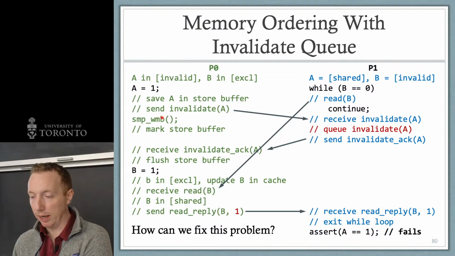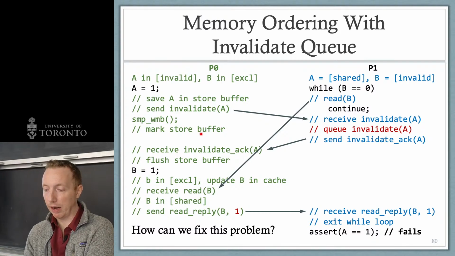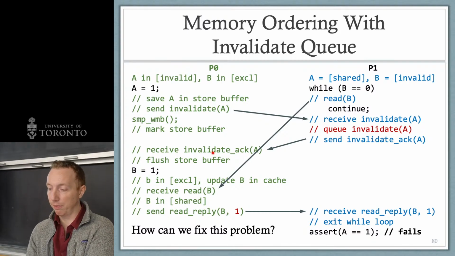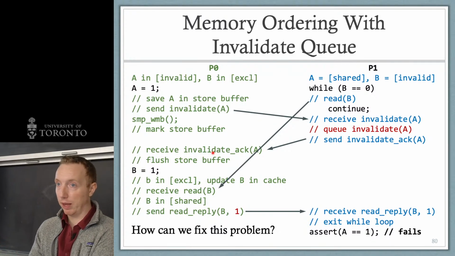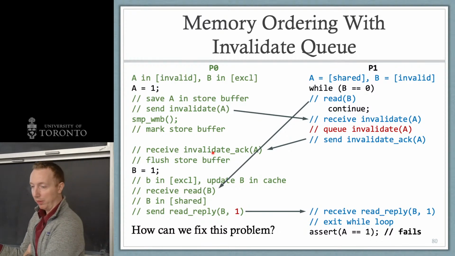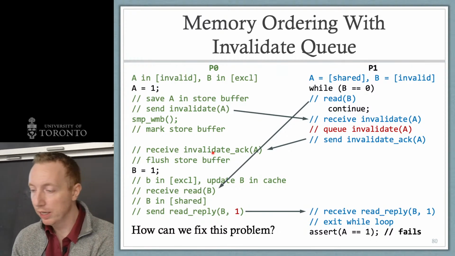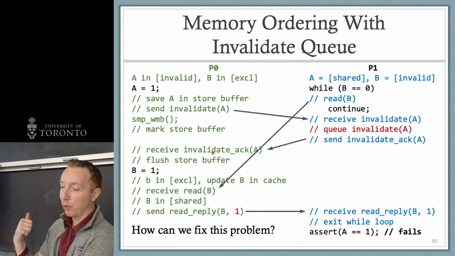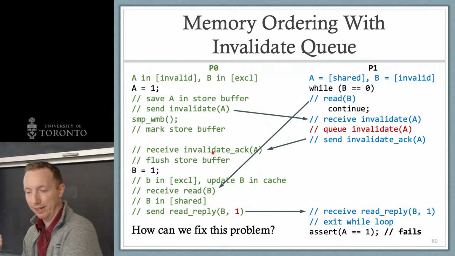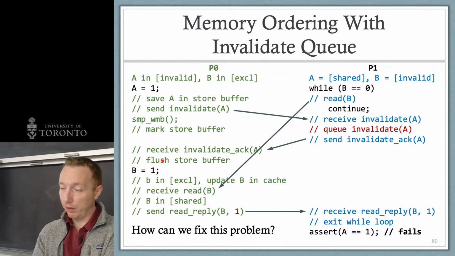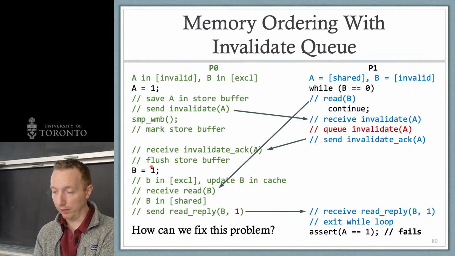So my write barrier would happen here, and then I would receive that acknowledgement that it's already updated A. So I know that my cache is consistent with the other one if we just go by the cache consistency protocol, even though core 1, or P1 in this case, hasn't actually applied the invalidate yet. So flush the store buffer, no problem, update its own cache, it is consistent.